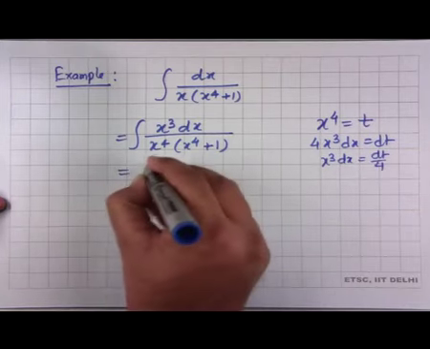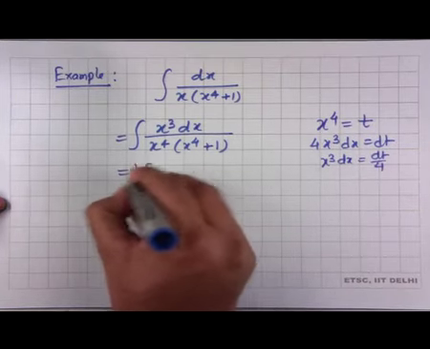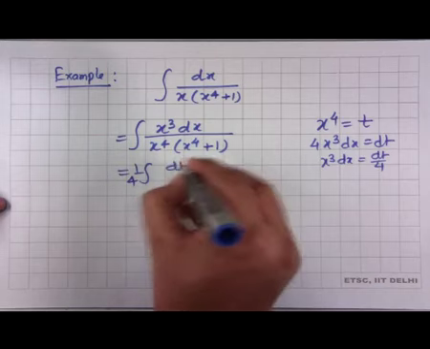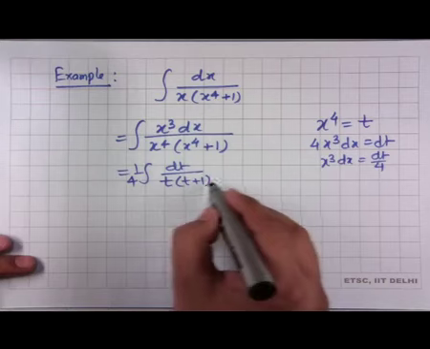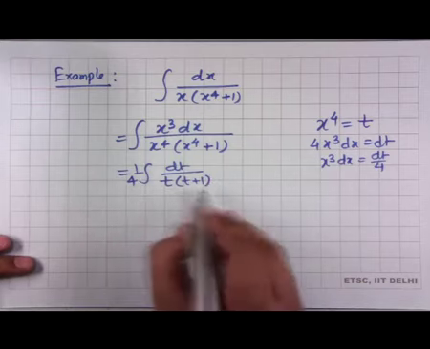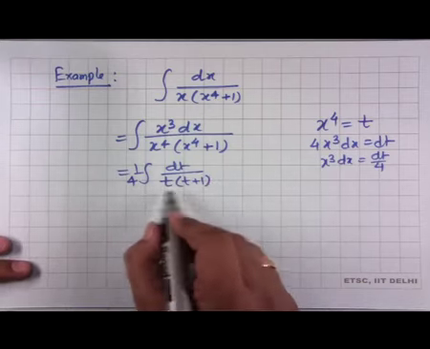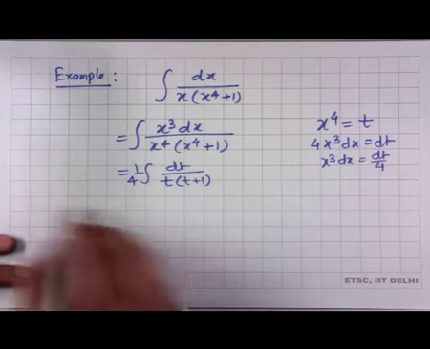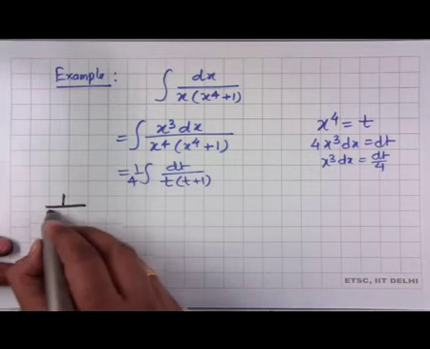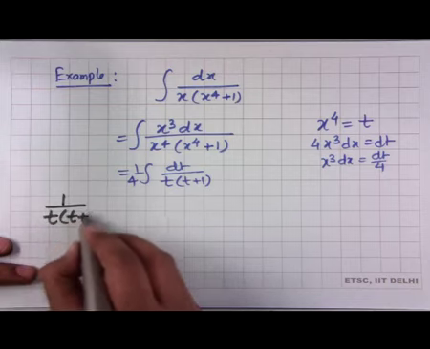So, this calculation leads to 1 by 4 of dt over t into (t + 1). This integrand now is of the form which we are looking at: quadratic in denominator and constant in the numerator. Therefore, I can make partial fractions out of it, 1 by t into (t + 1).